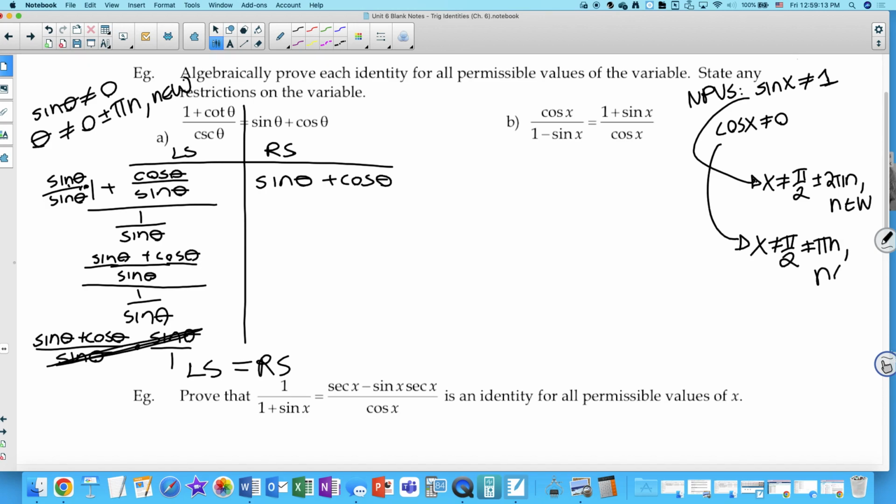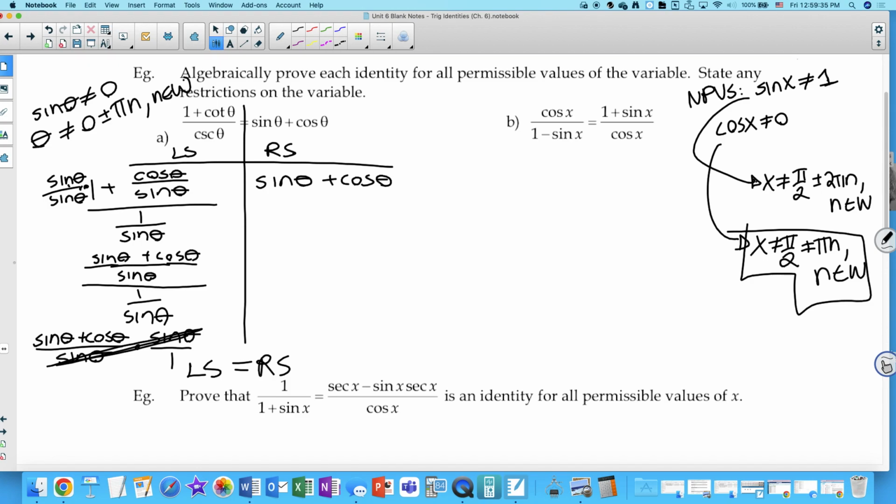Now, in fact, this restriction for cosine takes care of the one for sine, right? It's more restrictive. We're saying here it starts at pi over 2 but happens every pi. For sine x cannot equal 1, it also starts at pi over 2 but happens every 2 pi.